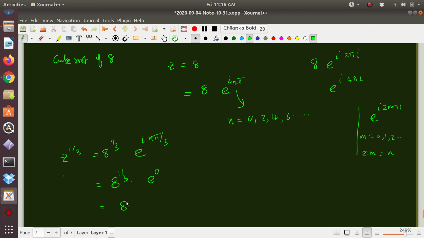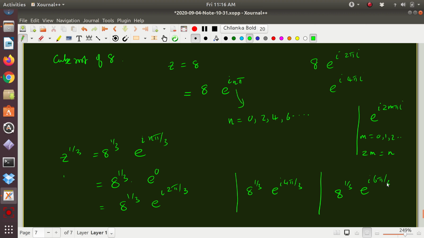This is also 8 to the 1/3 times e to the I 2 pi by 3. Then you also have 8 to the 1/3 e to the I 4 pi by 3, and then 8 to the 1/3 e to the I 6 pi by 3.